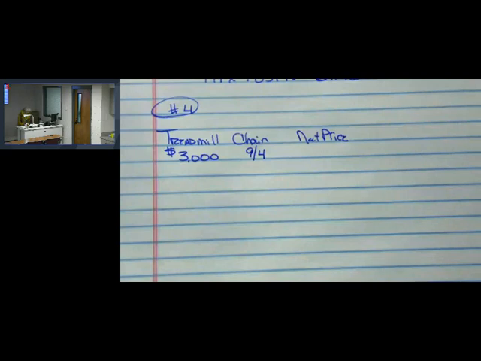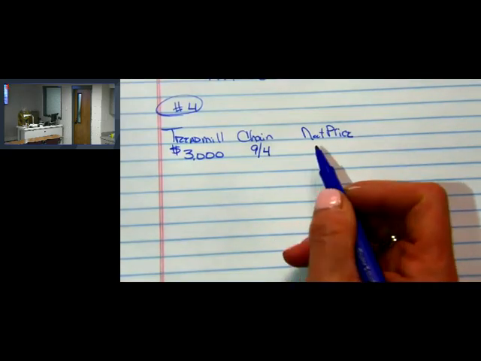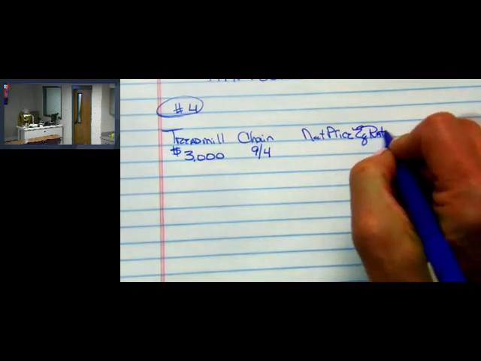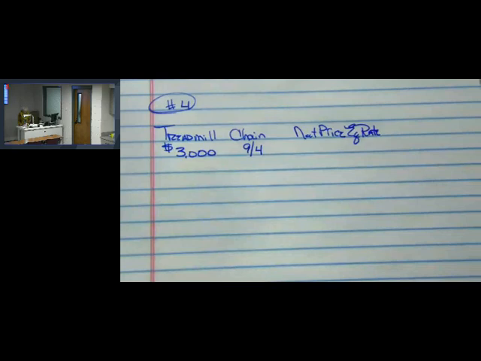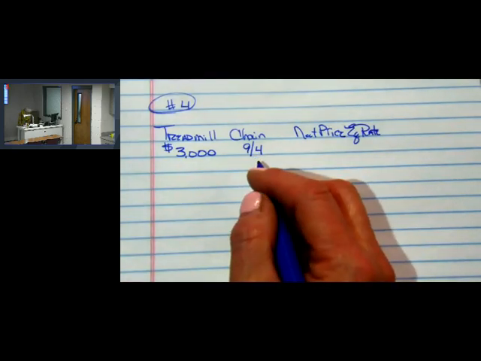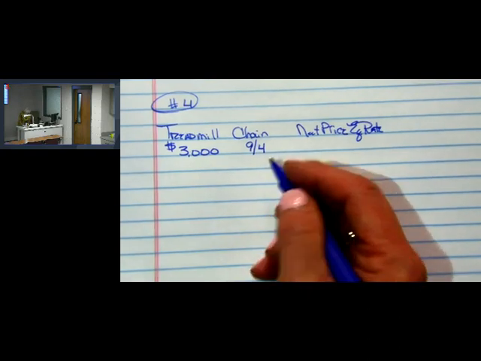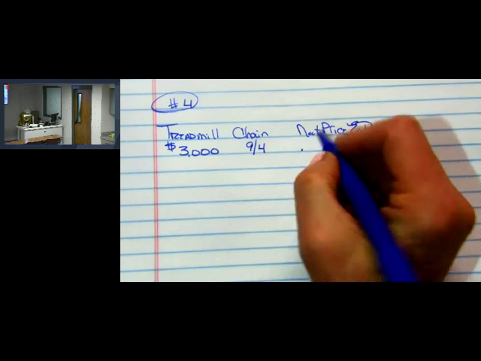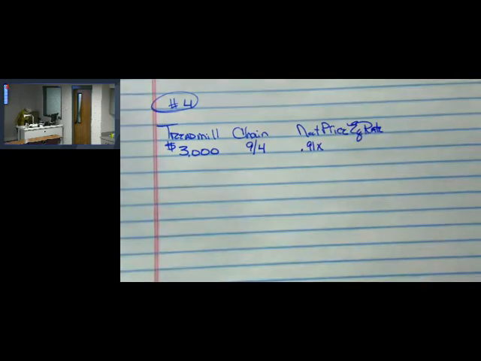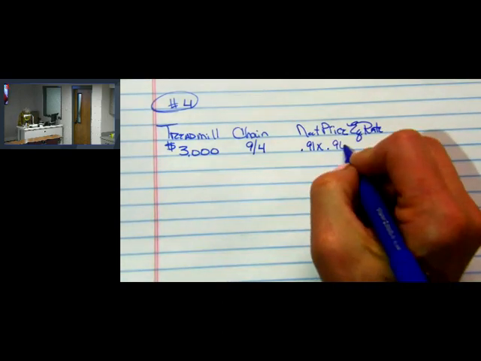All right, so let's just cut to the chase here. I'm going to use my net price equivalent rate here. I know you're going to have to figure it. So the net price equivalent rate on this one is going to be the complements of my chains. So the complement of a 9% discount is going to be 0.91. The complement of a 4% discount is going to be 0.96.